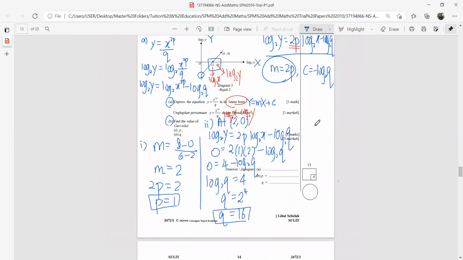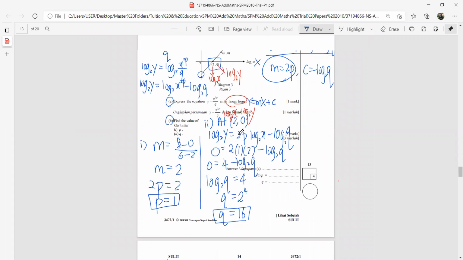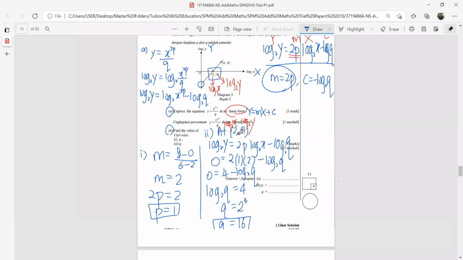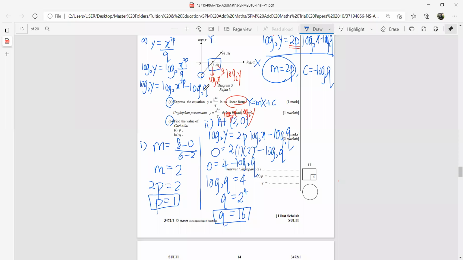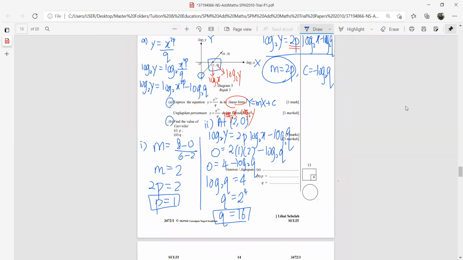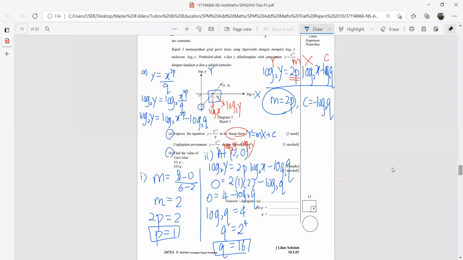Check it out now. Okay, check it out and do the next question. Any question? Sure. After that, we go to the next question. Yeah, you take some time to digest. You forgot linear law already. Take some time.